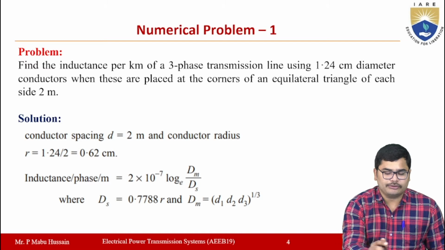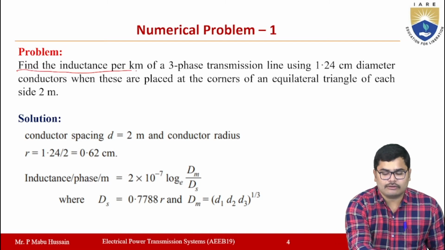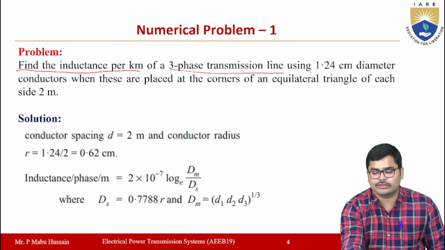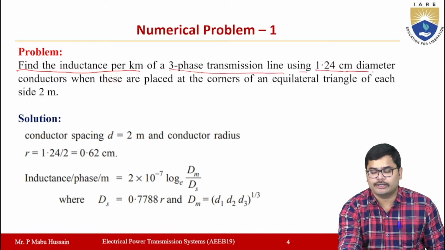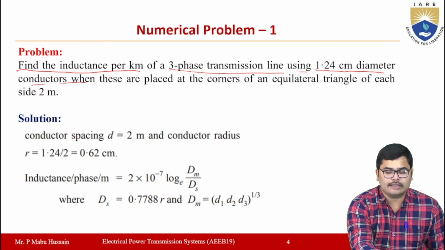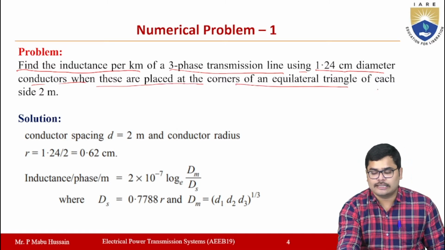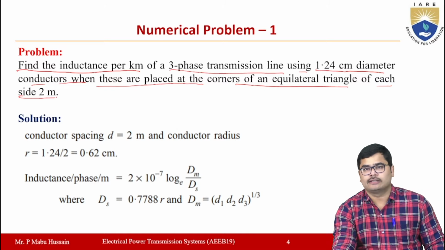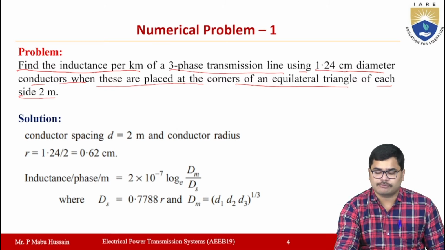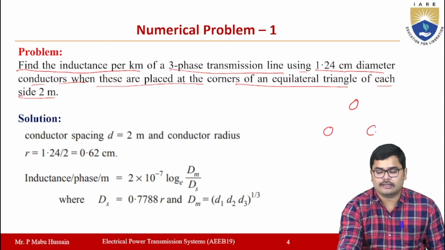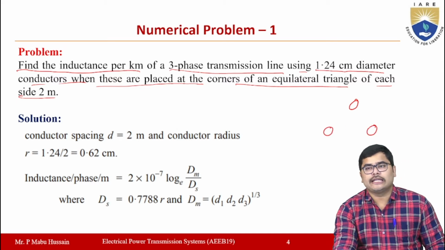So the first problem here. Find the inductance per kilometer of a 3-phase transmission line using 1.24 centimeter diameter conductors when these are placed at the corners of an equilateral triangle of each side 2 meters. Here you have a 3-phase transmission line, and the conductors are arranged at the corners of an equilateral triangle.